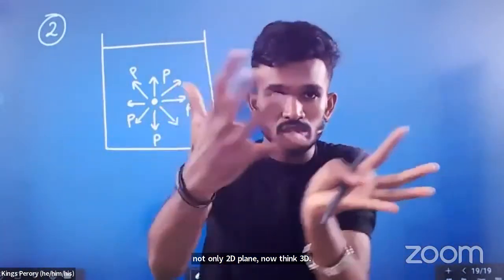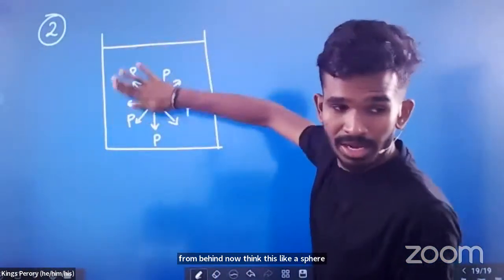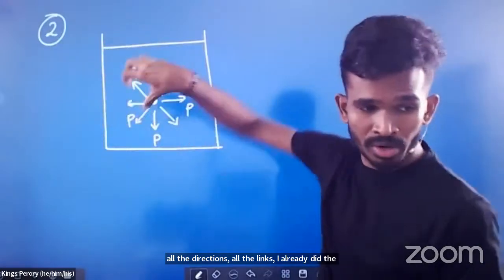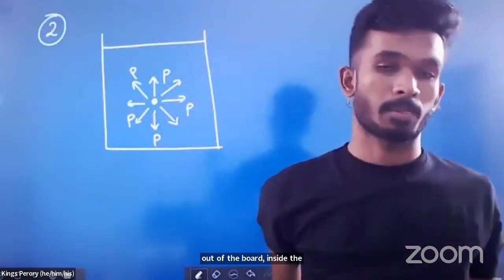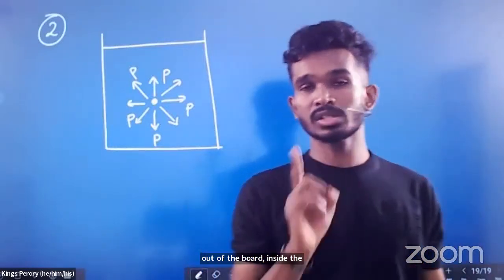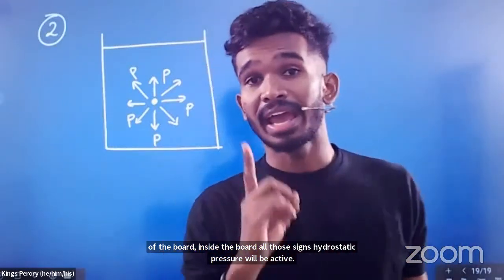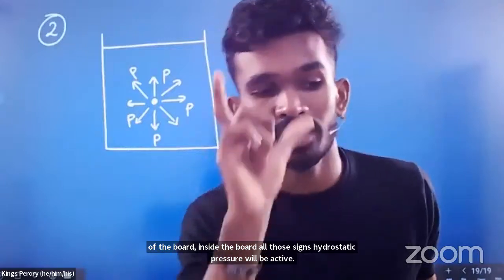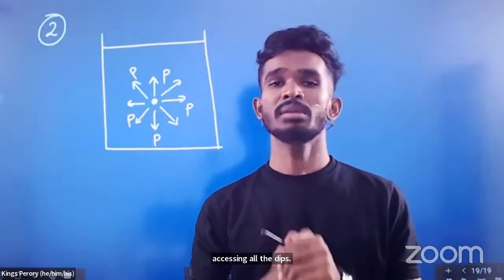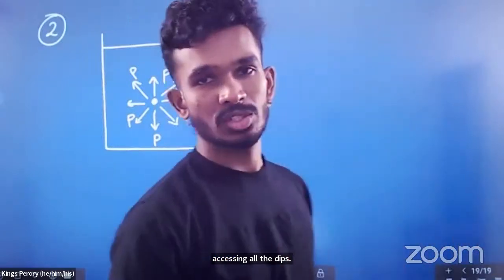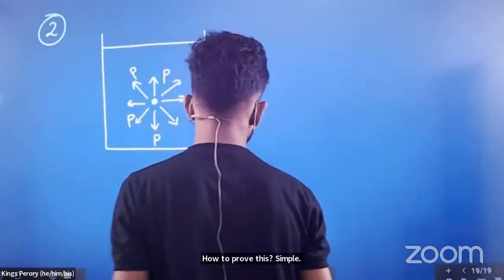I only draw the 2D plane, but out of the board, inside the board, all those sides, hydrostatic pressure will be acting. Remember, hydrostatic pressure at a given point acts in all the directions. How to prove this? Simple. Take a bag. Show me the bag again. You take a bag.